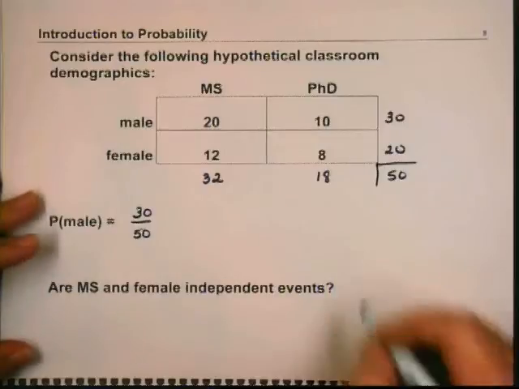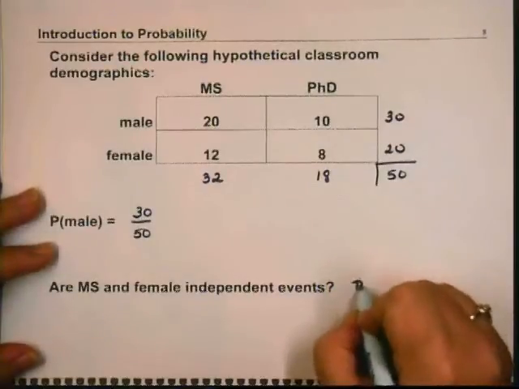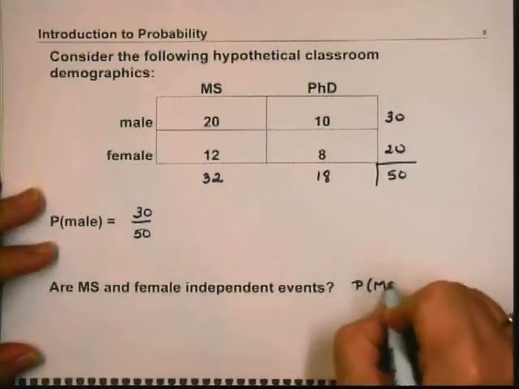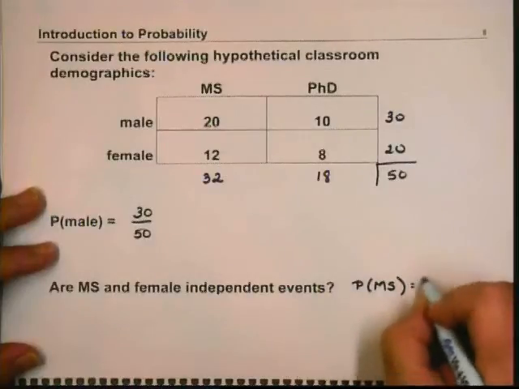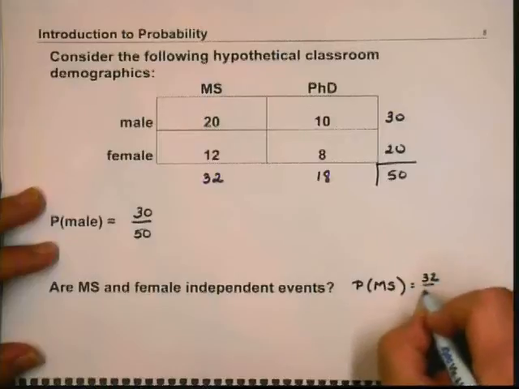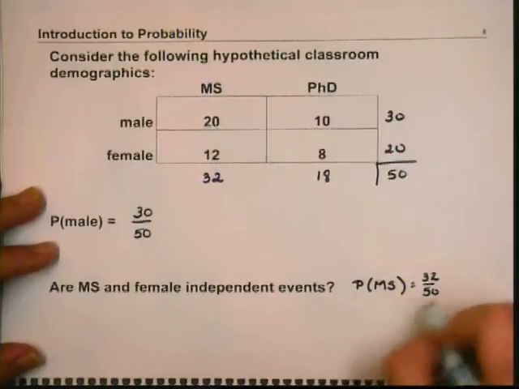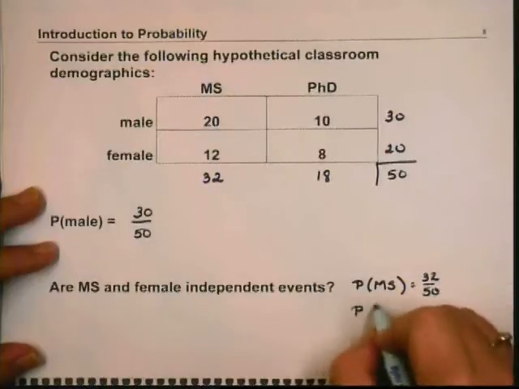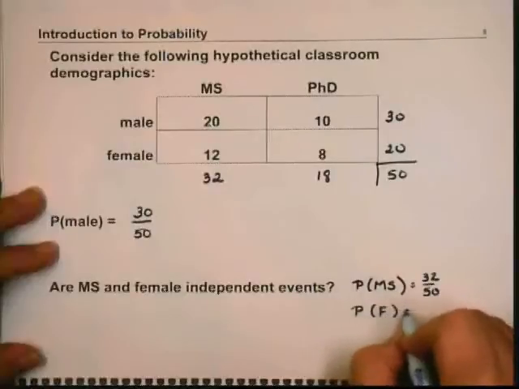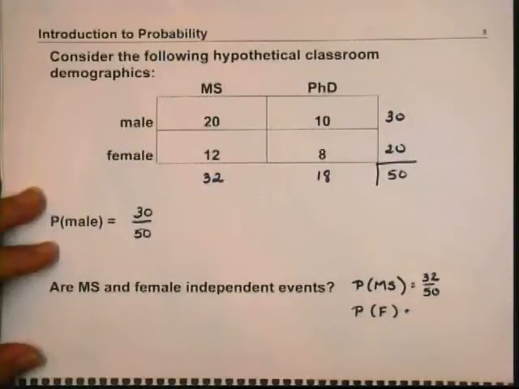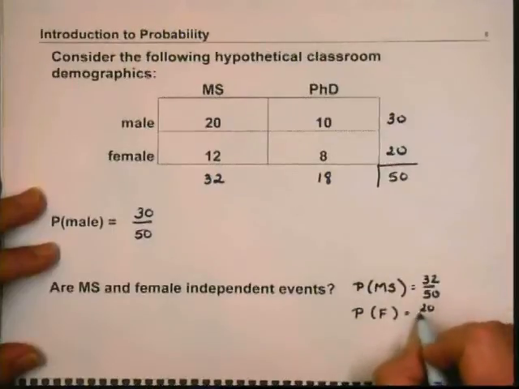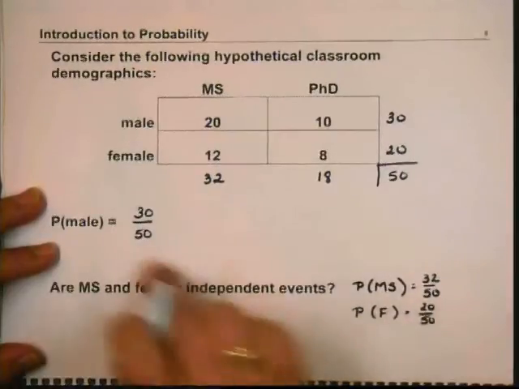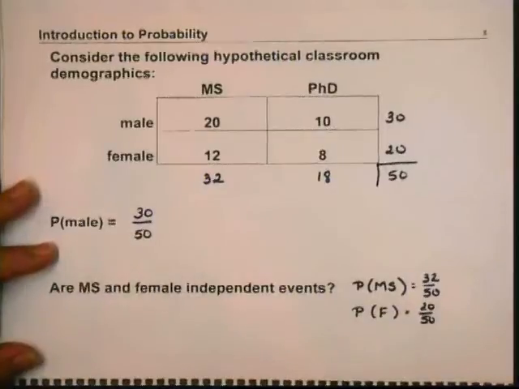What's the probability of observing a master student? 32 out of 50, I think I heard somebody say. What's the probability of observing a female? 20 out of 50, either by looking at the above table or subtracting this from 1, right?